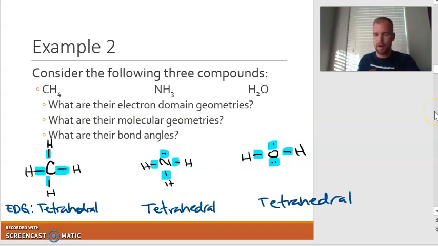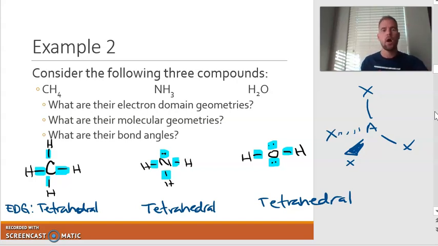So if we think about it in terms of a general structure here, they're all going to have the same general shape of the tetrahedral molecule, right? That ceiling fan molecule.